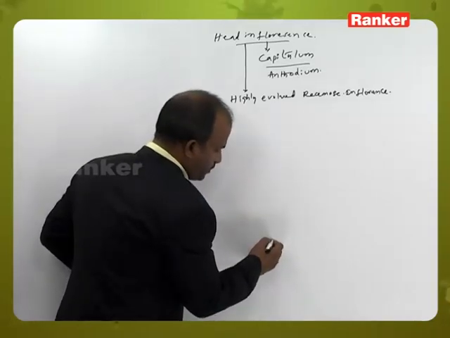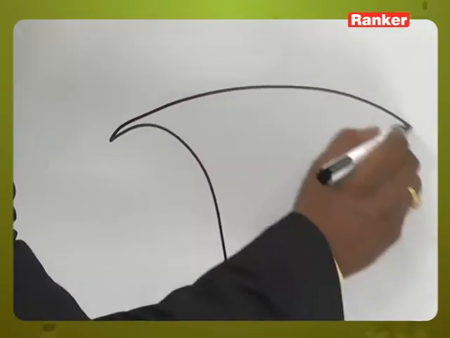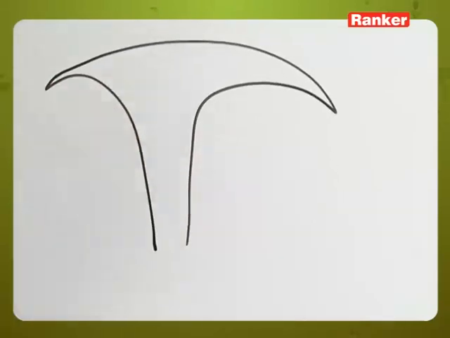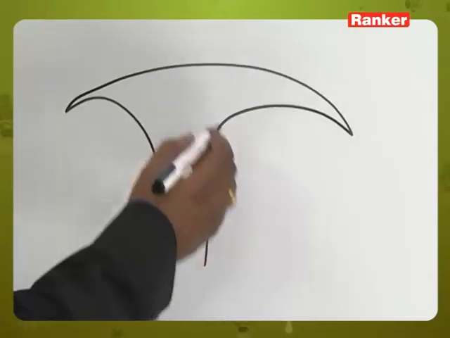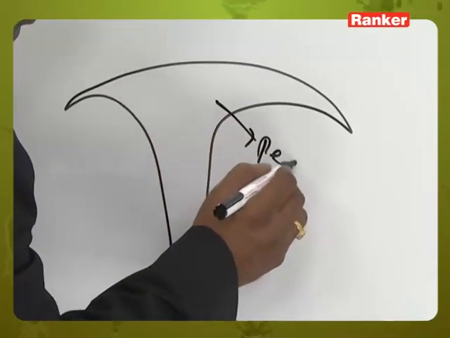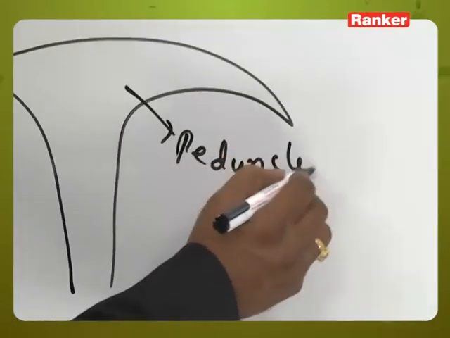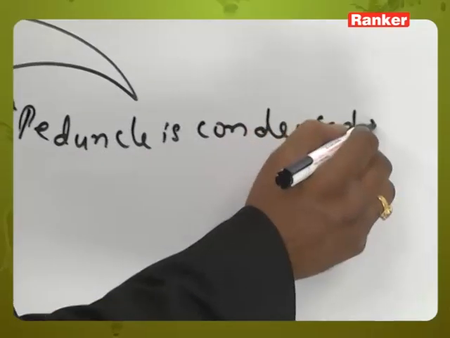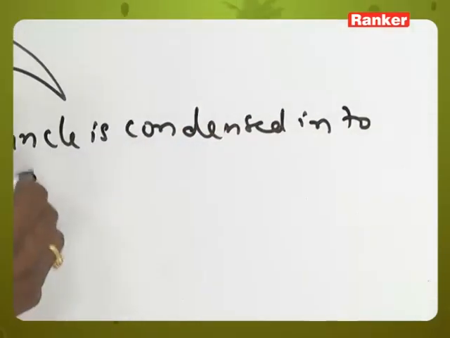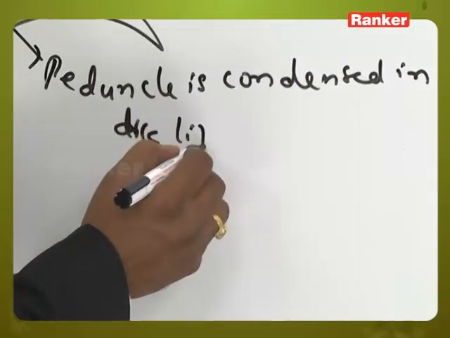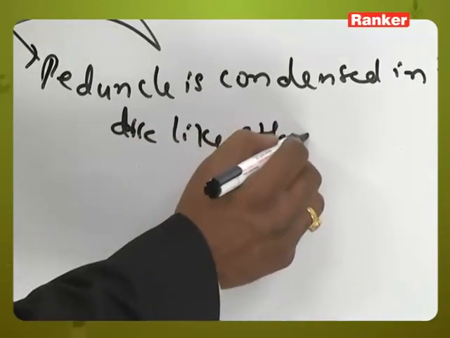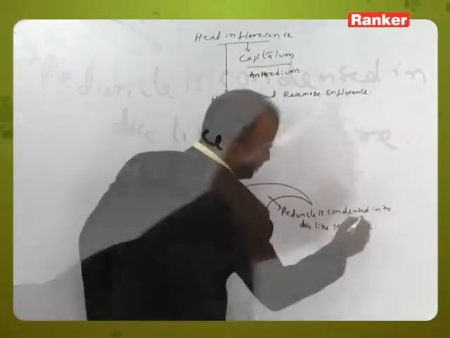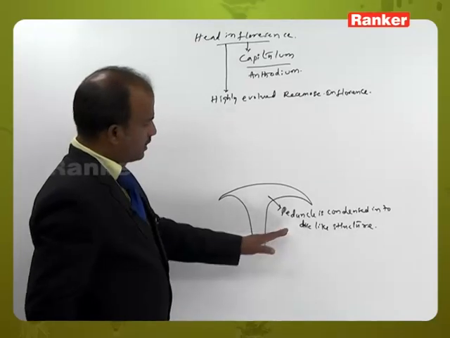In this head inflorescence, the peduncle is condensed into a disc-like structure.